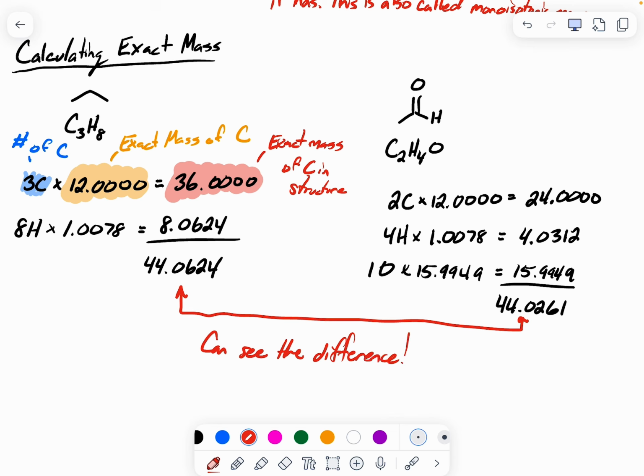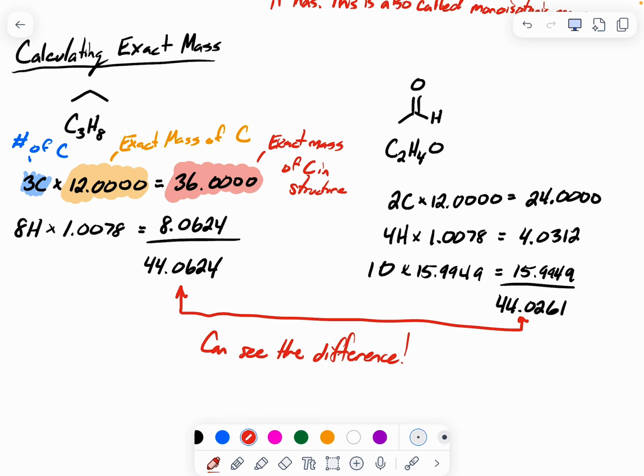Here's the thing. While this methodology is super useful in the research lab, I'm not going to waste your time doing calculations on exact masses for your exams. Because this process takes a while. You got to look up the exact mass, you got to write down a bunch of decimal points, yada, yada, yada. It's not worth your time.